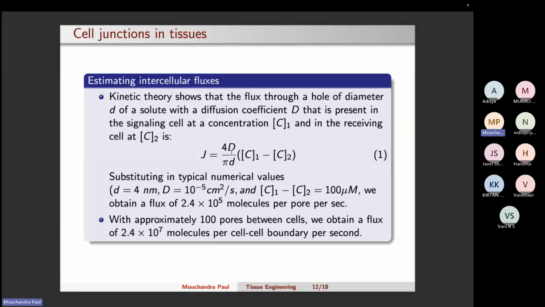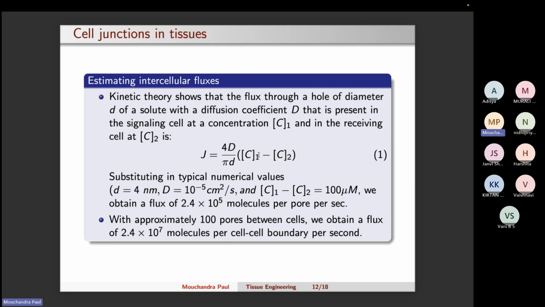So proteins will have different diffusivity. ECM molecules, if you recall, are very large, so they have very low diffusivity. So if the diffusivity increases, it means the molecule has a greater tendency to diffuse, then the flux will increase. Okay, so you can think about these kinds of interrelations.